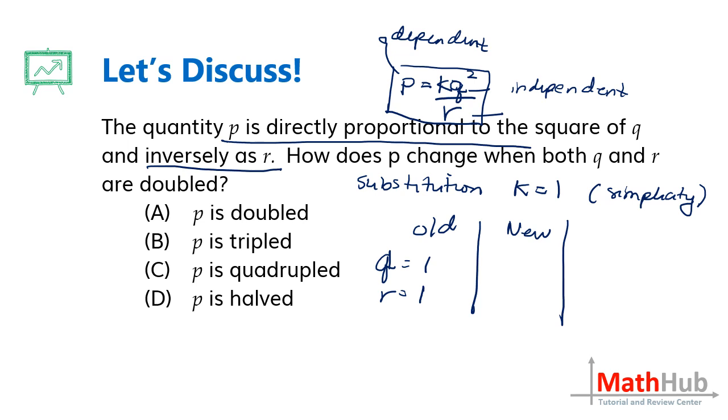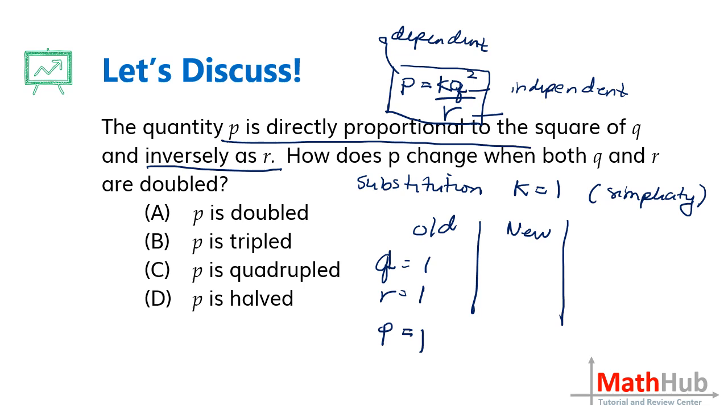And remember, our k is 1. So what is now the value of P if Q is 1 and R is 1? If we plug it in here, k is 1, Q is 1, R is 1. So that leaves us that P is also equal to 1.